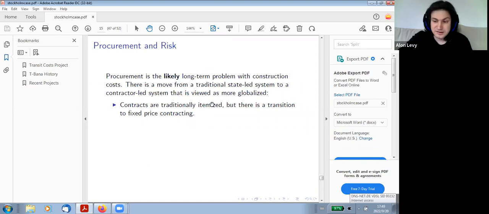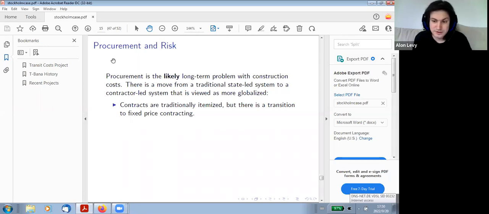This is a good thing because it means that whenever you have conflict over change orders, you don't need to argue as much. You don't need to litigate because of itemization, and there's some literature about this, for example, by Wasserman and Borotny, which is a good reference on this.